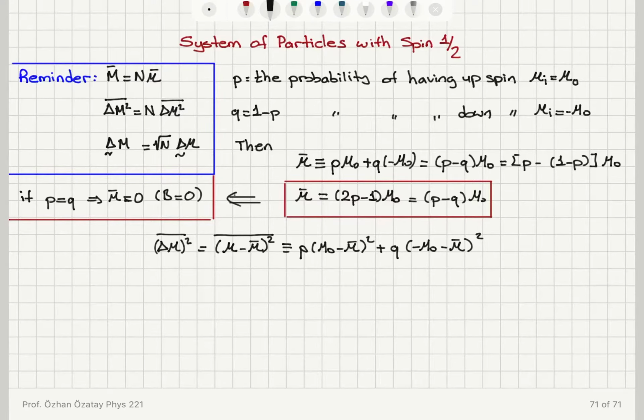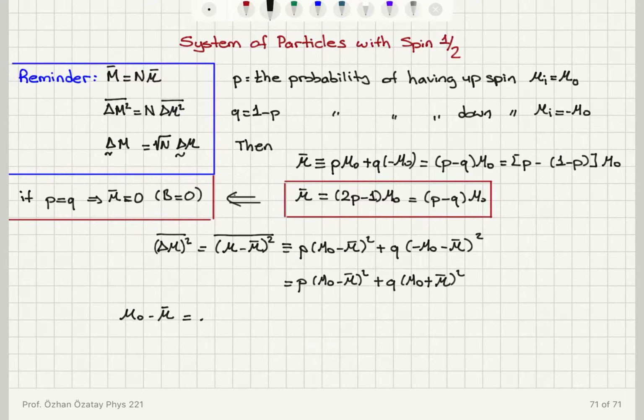So this would be equal to P times (mu 0 minus mu bar) squared, and the minus sign has no meaning here because it's squared, Q times (mu 0 plus mu bar) squared.